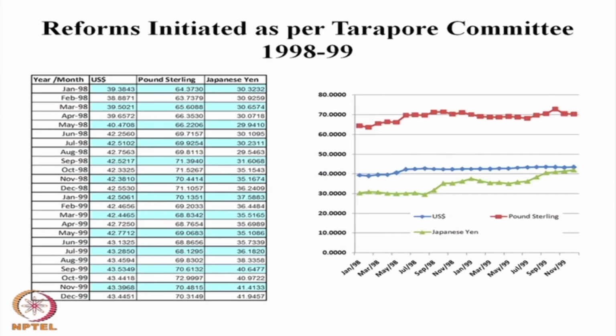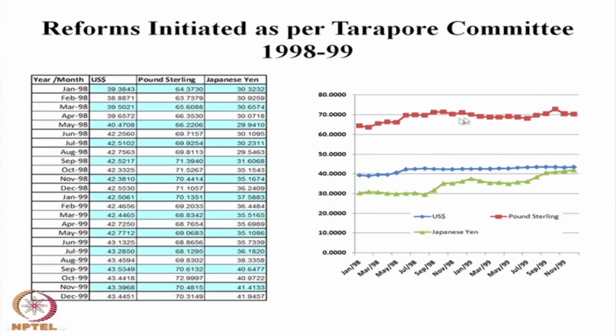After the Tarapore committee recommendations, particularly after 1998-99, the foreign exchange market developed further, because the FIIs and the banks, particularly commercial banks, got more freedom in the foreign exchange market. Because of this, FII inflow increased from 1999 onwards, and this led to some extent of stability of the Indian rupee, which had been depreciating over the years.